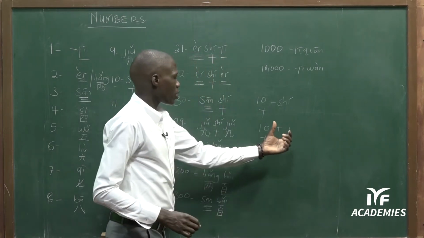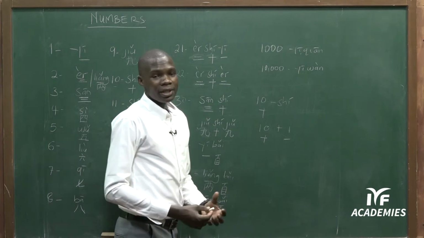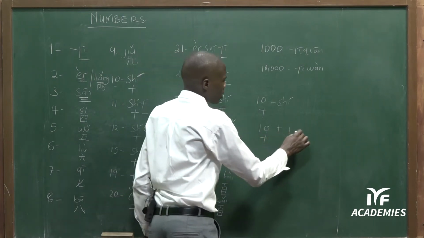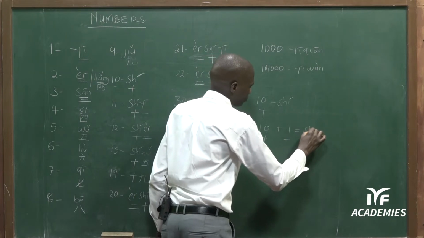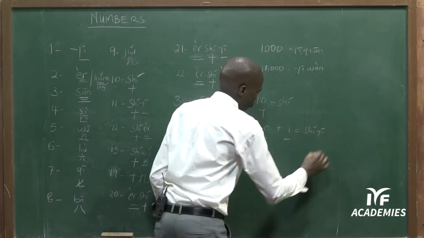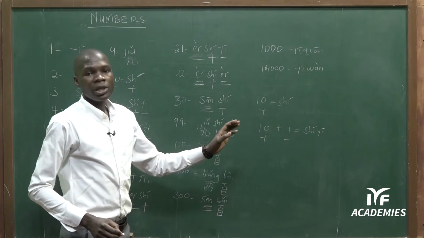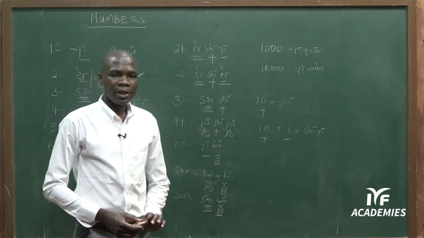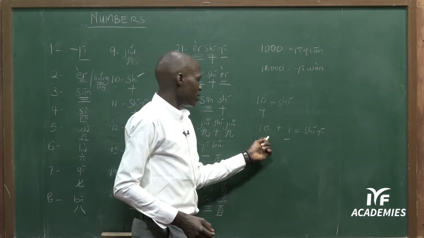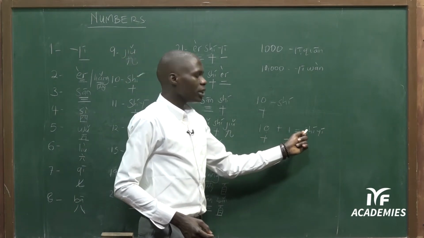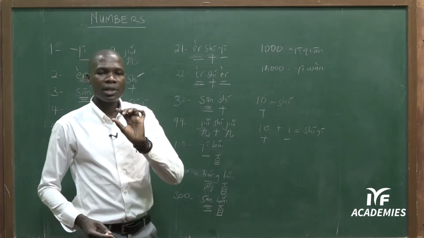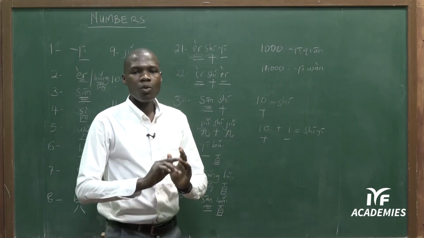How we read numbers in Chinese is so easy, because you just combine 10 then 1. So it becomes shi yi, which is 10, shi, then yi, which is 1. So shi yi means 11, 10, then 1.